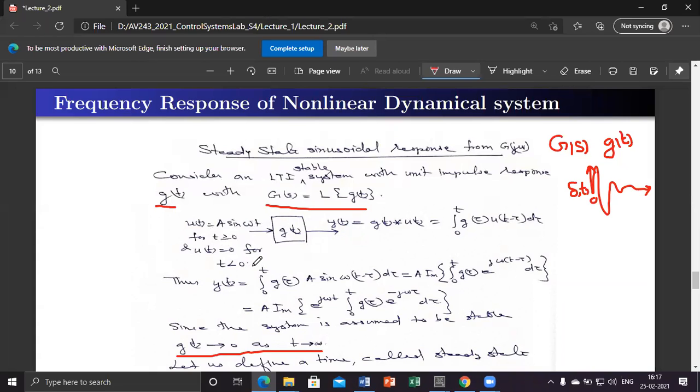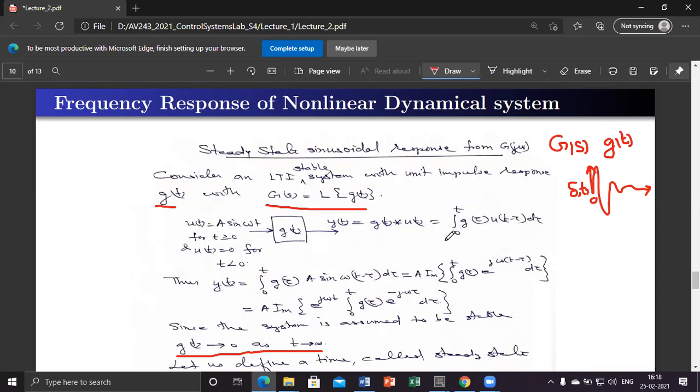This is the common definition of any physical system, because we assume that we start our experiment at time t equals 0, and before that time the input was 0. The output y(t) is obtained by g(t) convolution u(t), where convolution is given by integral 0 to t g(tau) u(t minus tau) d tau.